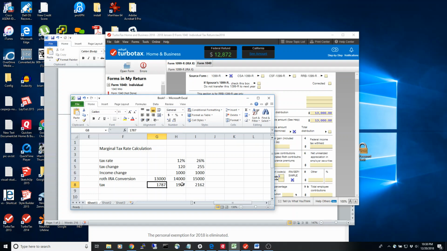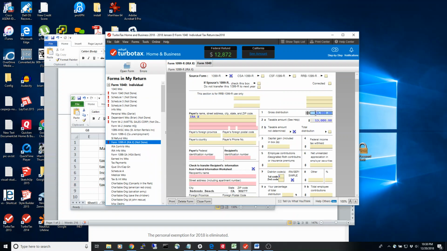Tax returns are so complicated that if you go above a certain adjusted gross income level, you might be affecting your tax at a totally different, unexpected marginal rate. So we have to make sure we understand the rates we're actually going to pay when we add income to our tax return. So here's an example.